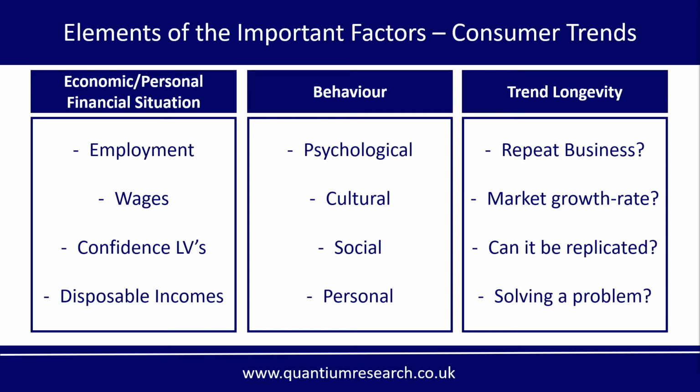So the first in this section of trend longevity looks at the issue of declining sales, because an ideal scenario would be to have a newly launched product making repeat sales. You'd also look, though, to see a good growing market. You'd question yourself saying, what is the market growth rate of a certain, say, product or a certain sector where you've got consumers?